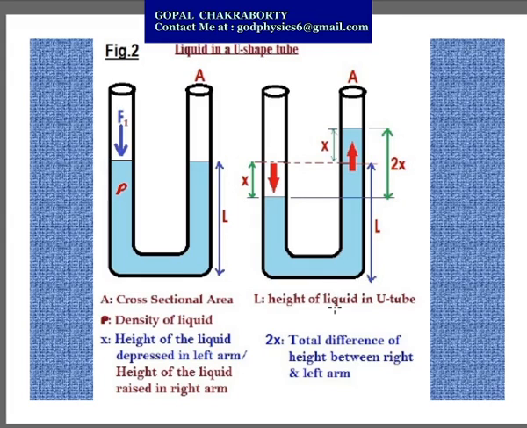The same amount x it will rise in the right arm. So what will be the total displacement of the liquid? You see in the right hand side picture, between the left arm and the right arm, the total difference is 2x. So the liquid is displaced by an amount 2x.